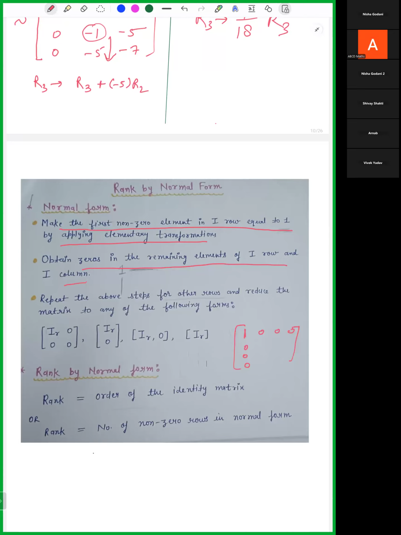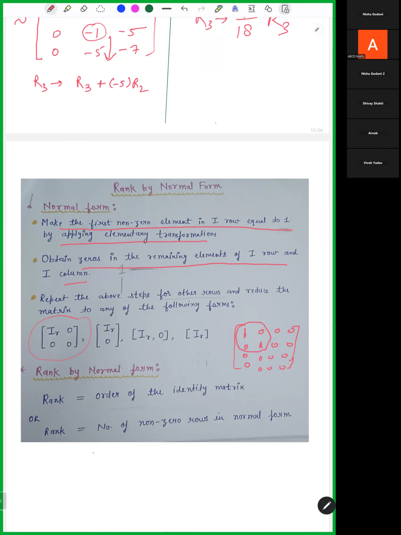We proceed like this for every row, and you will have a form like this. Suppose you have here 1 0 0 1. This is an identity matrix, and all zeros below it and on the right side.